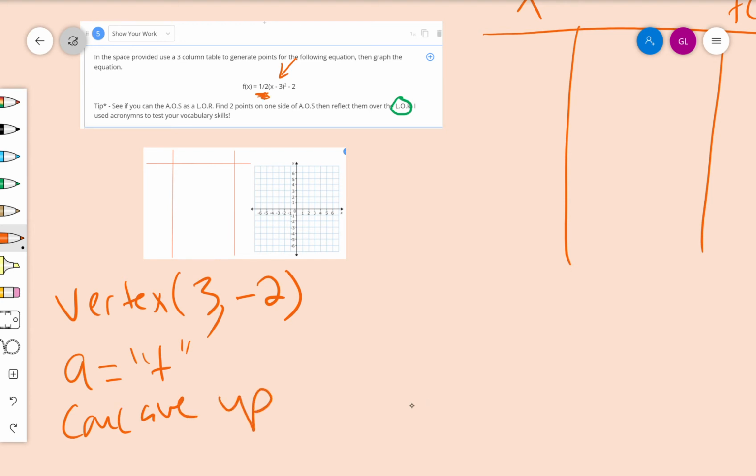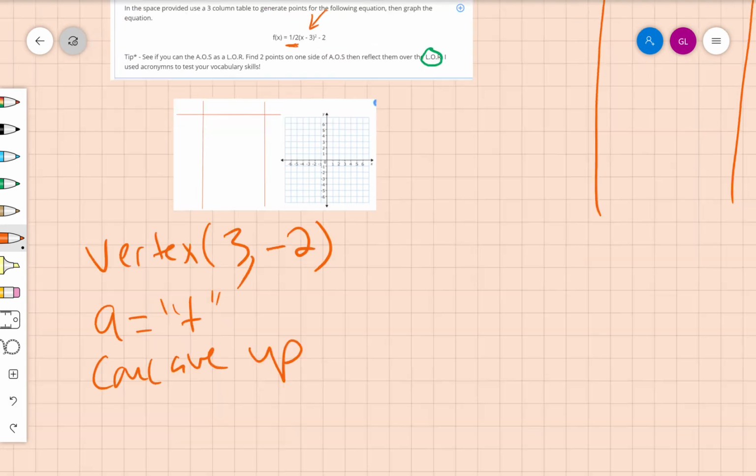And A is also a value that's in between -1 and 1. Let me just go down here.